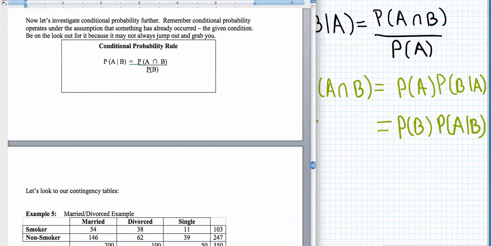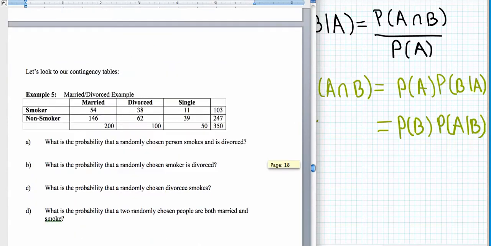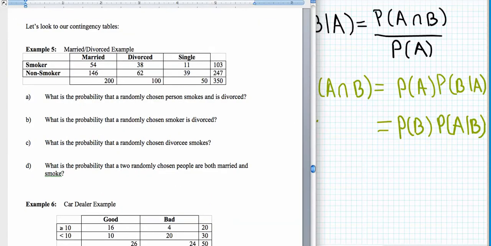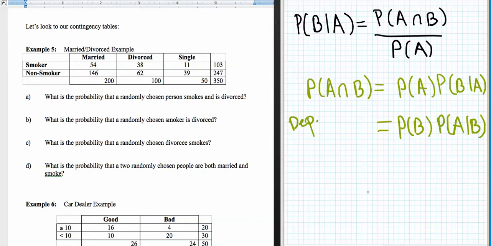Now I want to focus in on a two-way table, and I want to talk about the probabilities given a two-way table, because it's so much easier than this rule would imply to find conditional probabilities based upon a two-way table. So let's first of all just go ahead and look at the two-way table's probabilities.